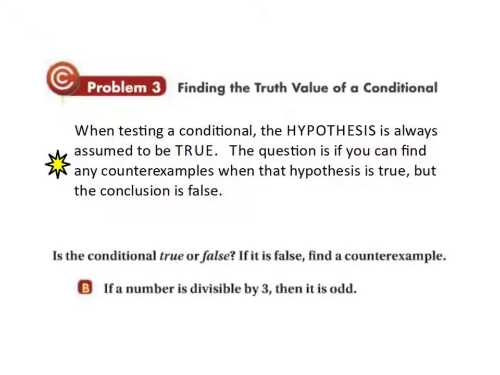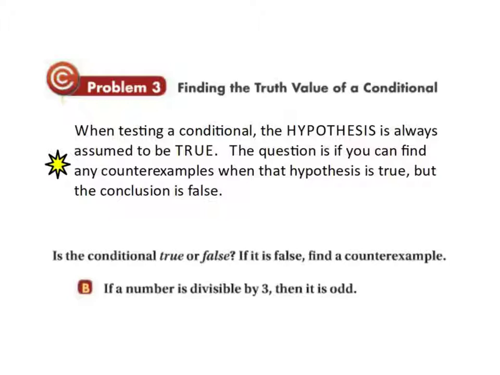When testing a conditional, the hypothesis is always assumed to be true. This is important. The first part, the hypothesis, the if, is assumed to be true. When you're trying to decide if it's true or false, you're trying to find a counterexample that keeps the hypothesis true but makes the conclusion end up being false.